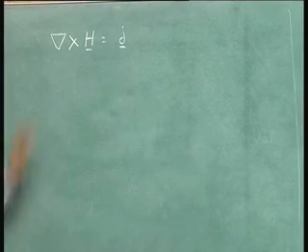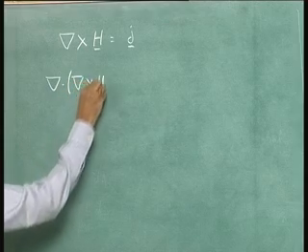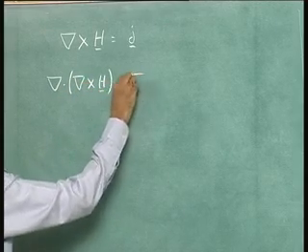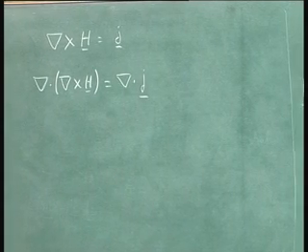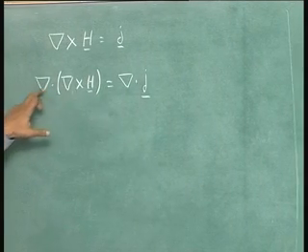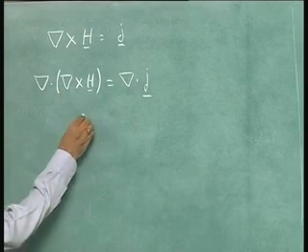This is nothing but Ampere's law. So, if I take divergence of this equation, that is what it gives me. But divergence of a curl, as we saw last class, and in fact several classes we have seen this, is equal to 0.